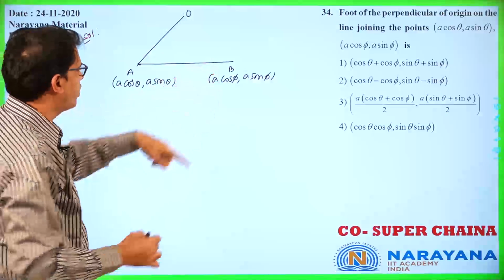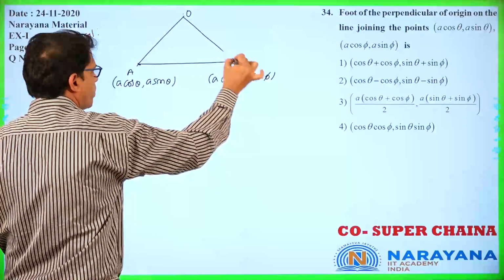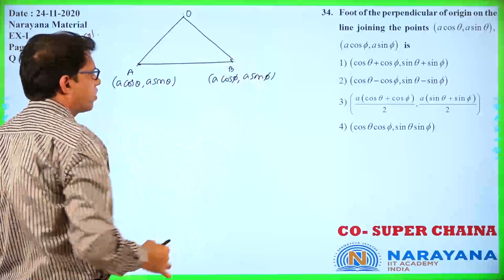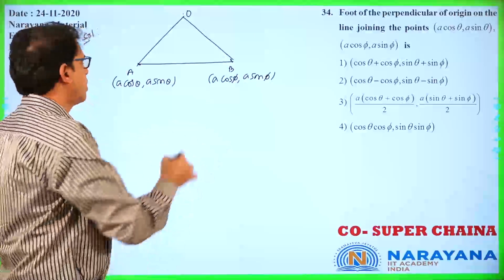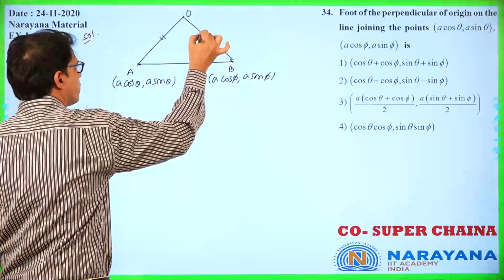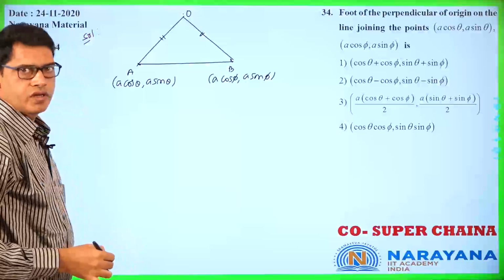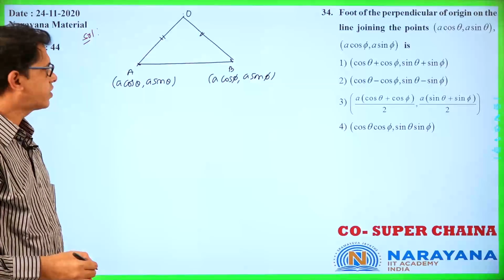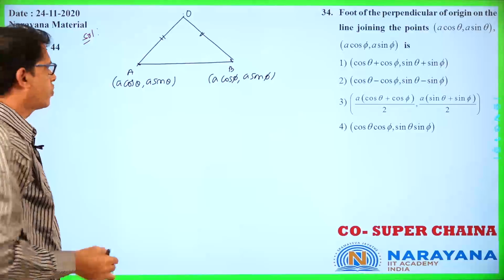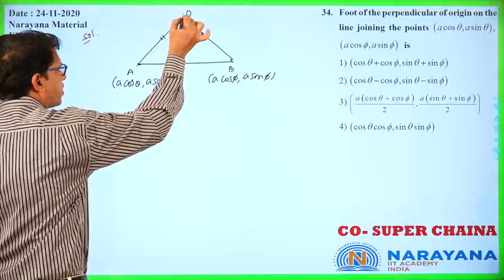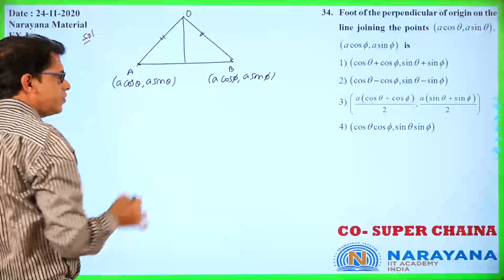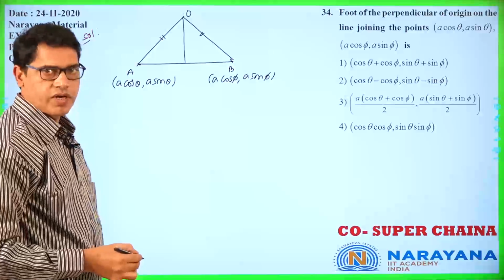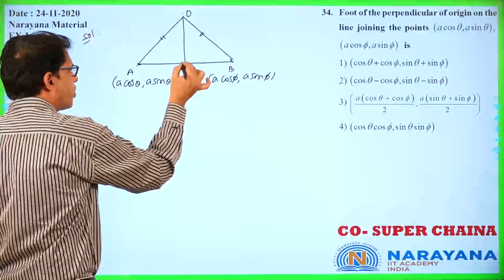What is the length of OB? Length of OB is also the same, so OA equals OB. So the triangle is an isosceles triangle. In the isosceles triangle, this will be the perpendicular bisector, which means this point must be the midpoint.